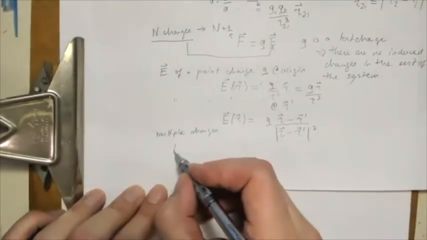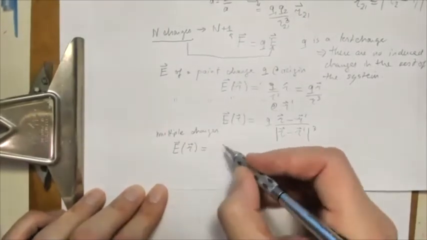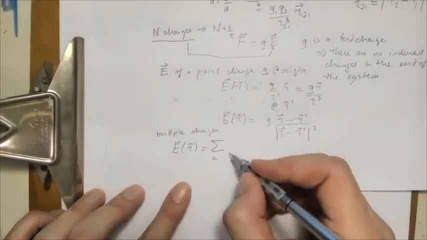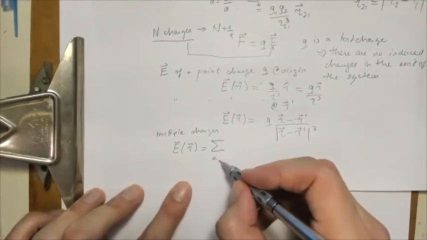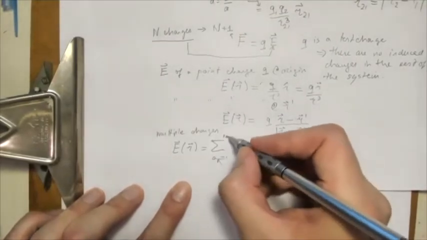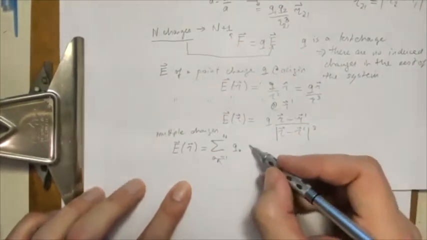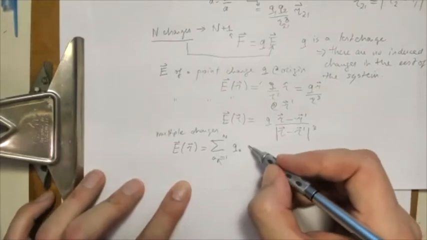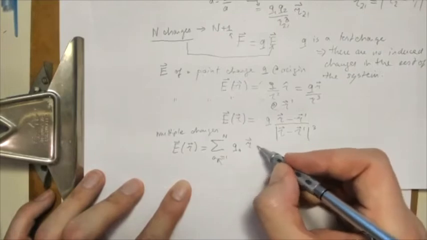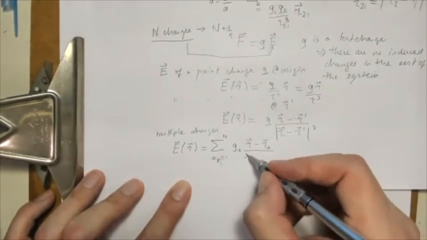Then our electric field at some position is the sum over all the other charged objects that we indicate with an A. That's our counter, from 1 through n. We'll take our Q_A, and we will need to figure out the vector joining the position of the charge to the position of interest.